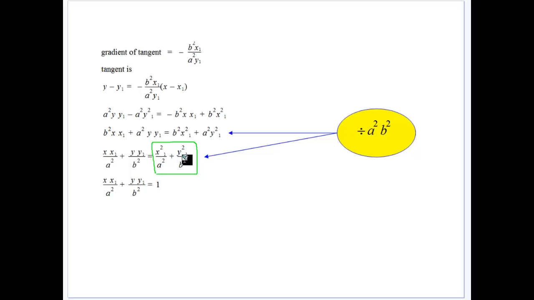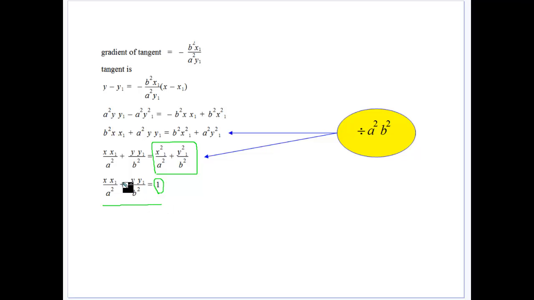And the equation of the ellipse is x squared on a squared plus y squared on b squared equals 1. So if that's a point on the ellipse and it's put into the equation of the ellipse, that must all equal 1. Because any point on the ellipse, when we substitute in the equation, must come down to being exactly equal to 1. So that's where we were able to write that there.